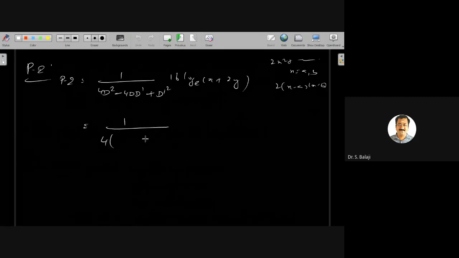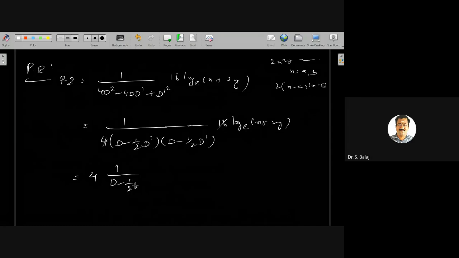Therefore, taking 4 as common, it is 1 by D minus half D dash, into 16 log of x plus 2y. This 4 and 16 get cancelled, leaving 4 times 1 by D minus half D dash of log of x plus 2y.